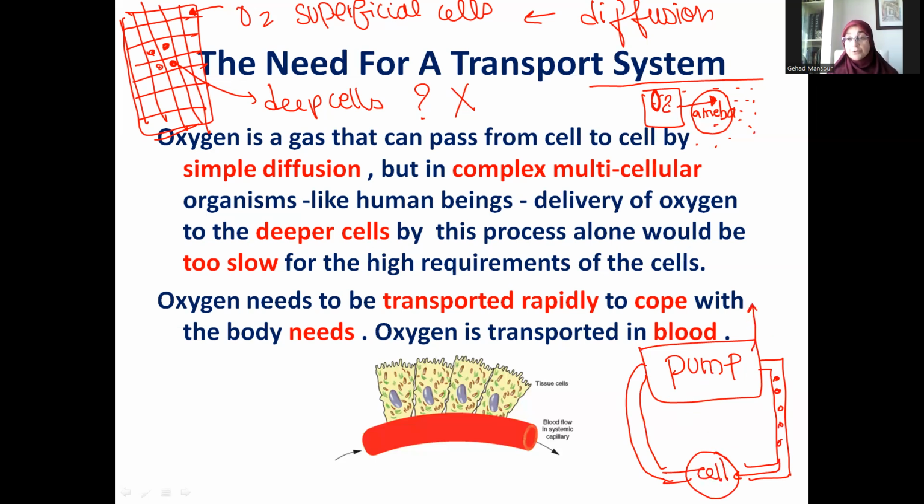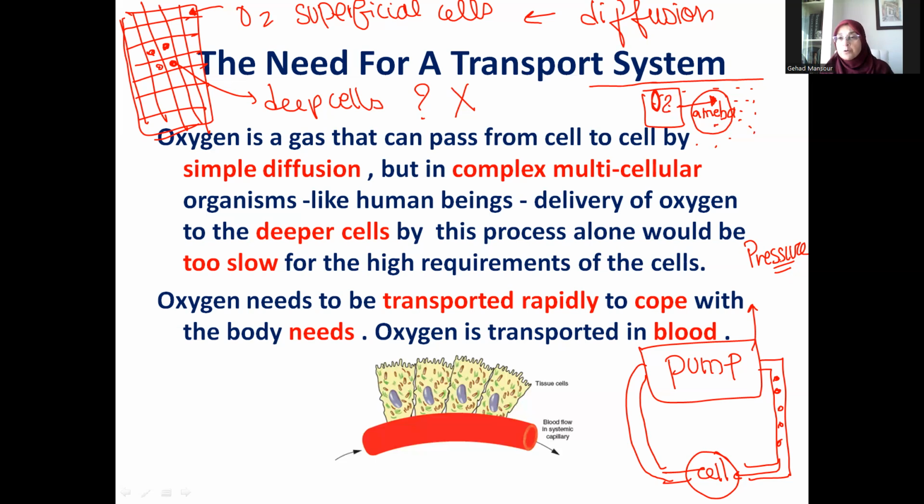So you require a pump to generate pressure, and this pressure is capable of transporting blood that carries oxygen, or where oxygen is dissolved, to distant areas.